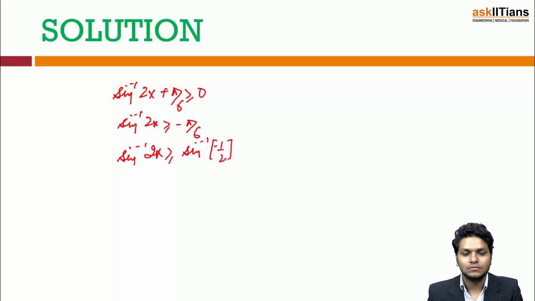minus half. Now what do I have? Because sine is an increasing function, I'll take 2x greater than or equal to minus half, which means x is greater than or equal to minus 1 by 4.